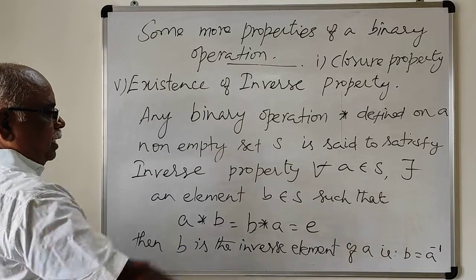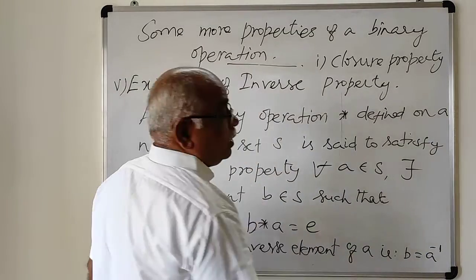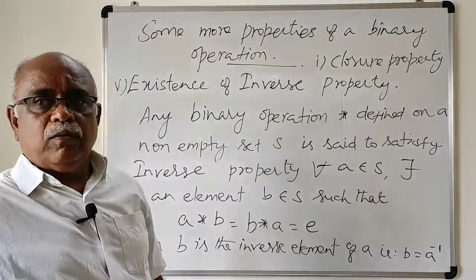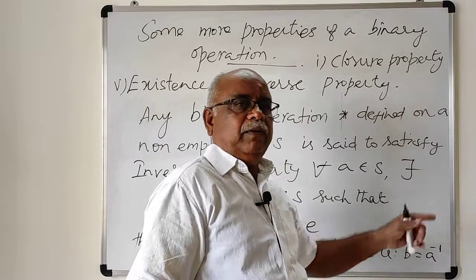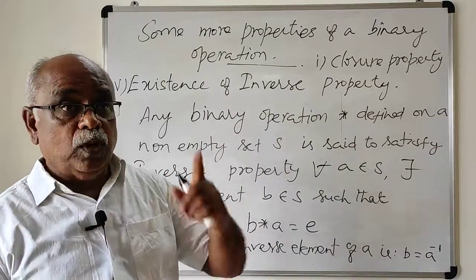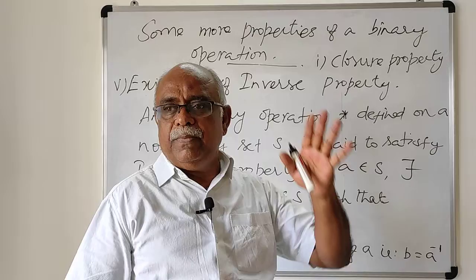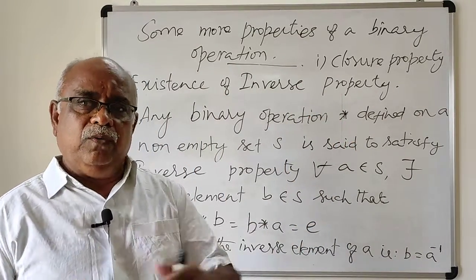So for every element in the set, there is a corresponding inverse for that element. But the identity element is only one element throughout the set. The identity element is unique in the set, but for inverse, every element has its own inverse.